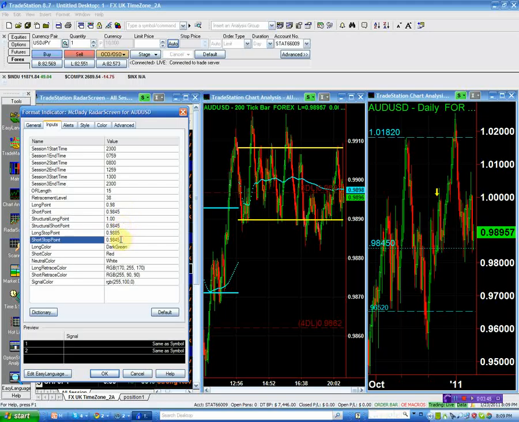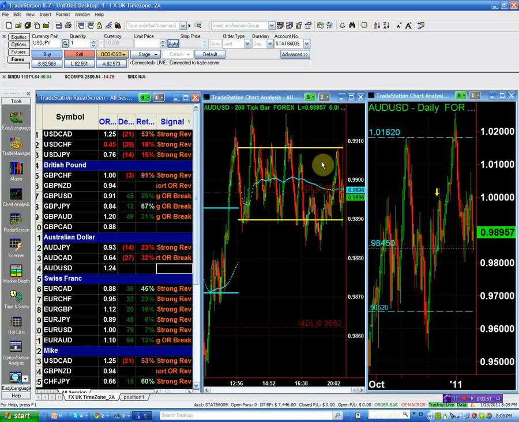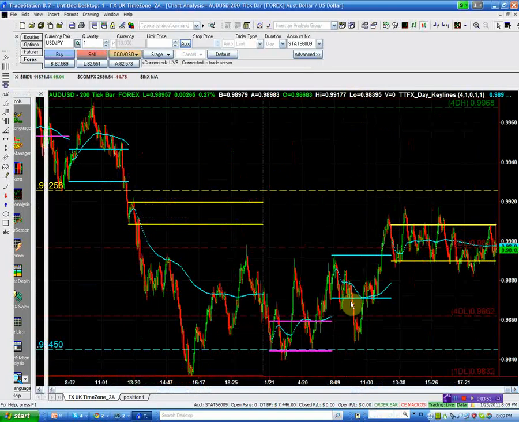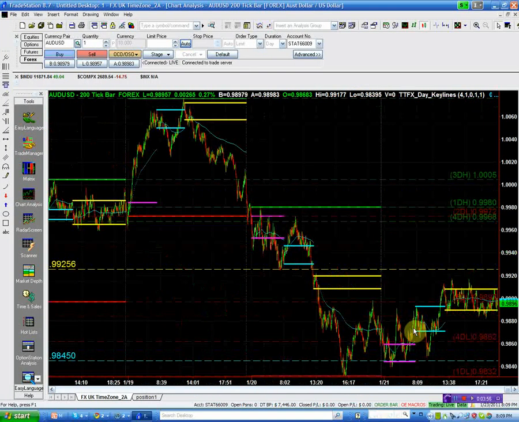Okay? Now, where will I go long on the Aussie? Well, I need to look at the chart and try to identify something from the structure that will tell me to buy. By identifying strength and weakness from the daily and from the index, you can see based on the index and the Aussie that the Aussie is weak.